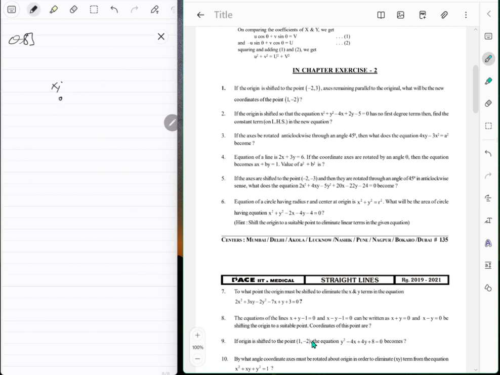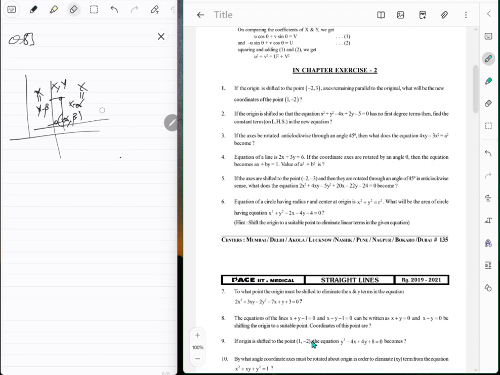If you have this x comma y point and you are shifting to alpha comma beta, then the new coordinates will be x minus alpha and y minus beta, equal to capital X, capital Y. But, no, what am I doing?